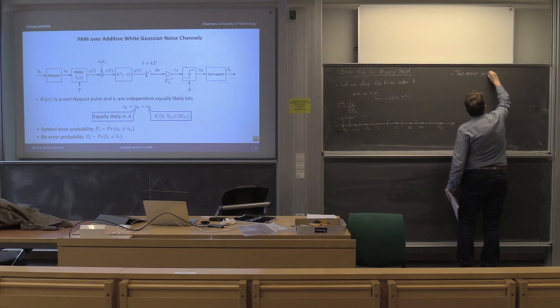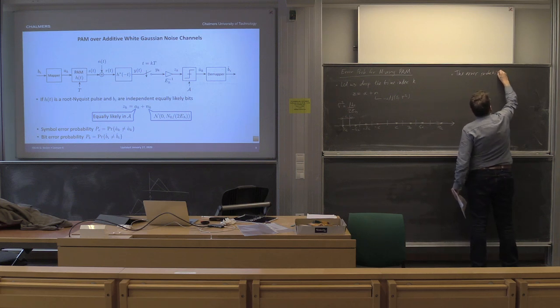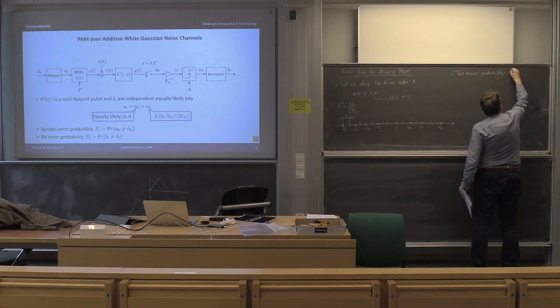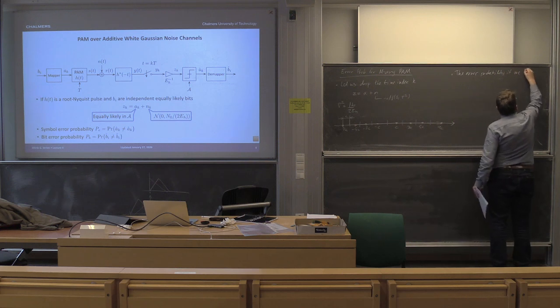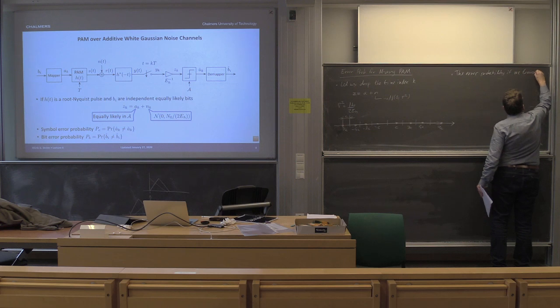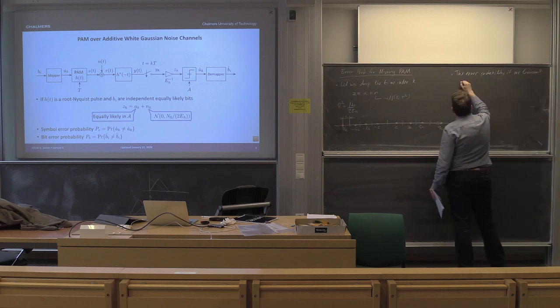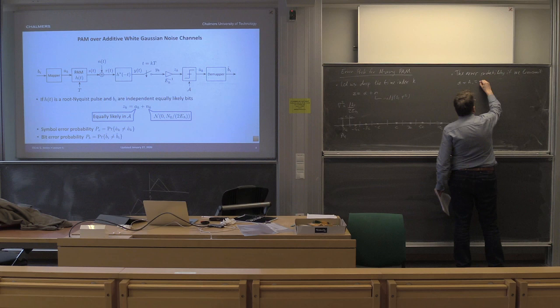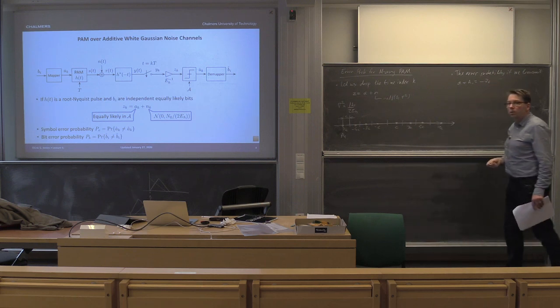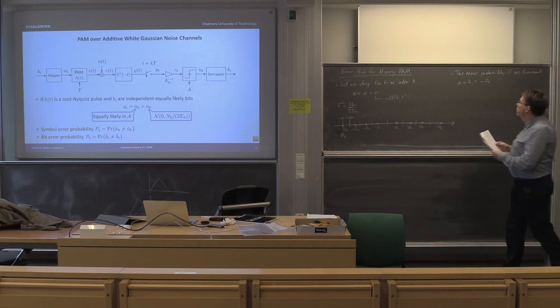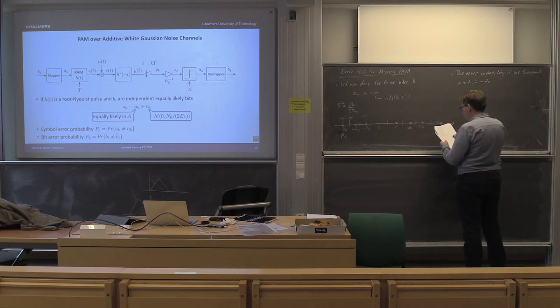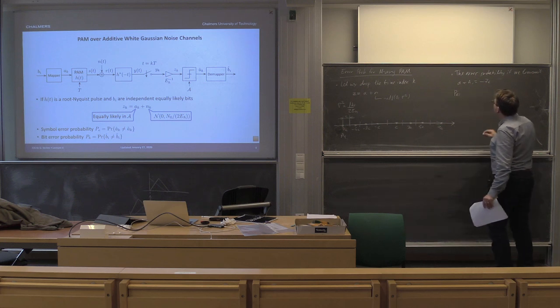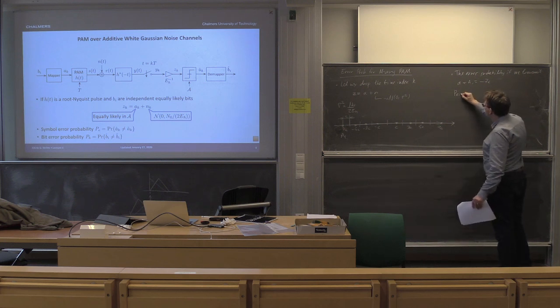So the error probability, if we transmit A equals A1, minus 7C, we denote this by the probability of error given that we transmit the first signaling point, PE1.